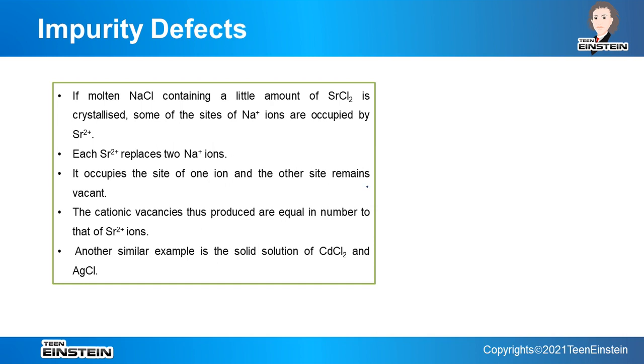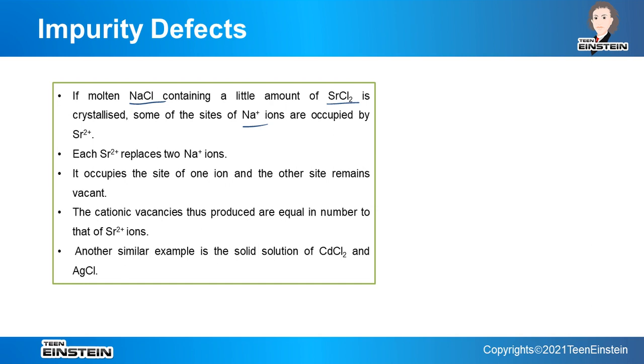But now we have molten NaCl in the presence of a little amount of strontium chloride. When it is crystallized, what happens? Some of the sites of Na+ ions are now occupied by strontium 2+ ions.